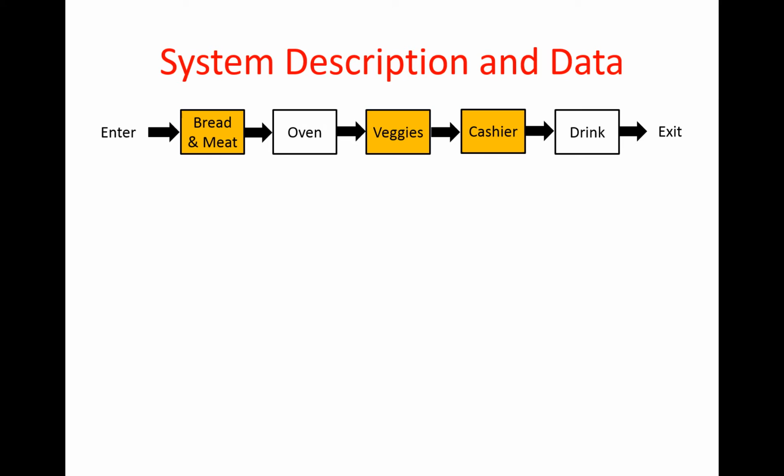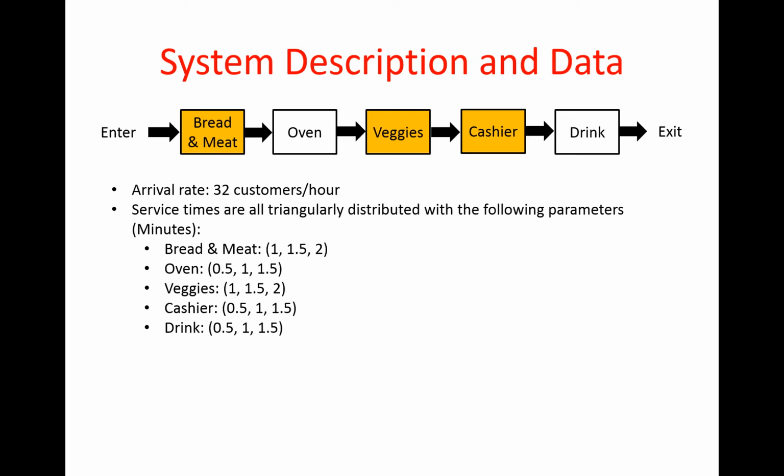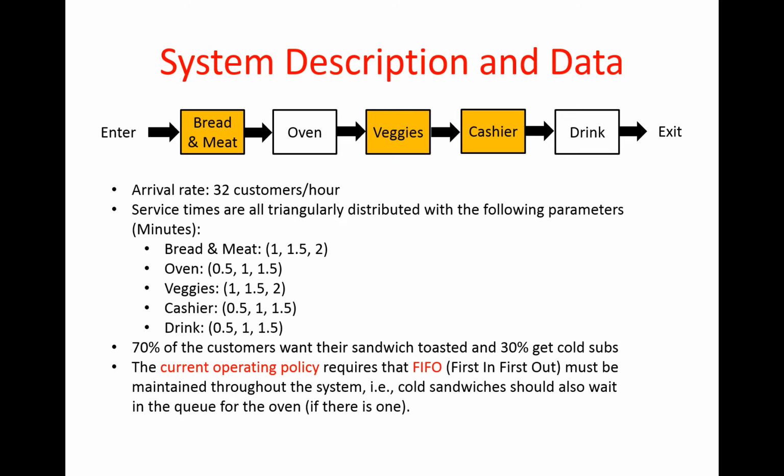The description of the system is the same as before, so we have an arrival rate of 32 customers per hour, and you can see the service times here. 70% of the customers get their sandwich toasted, and 30% get cold sandwiches. Under the current policy, we need to maintain FIFO throughout the system.